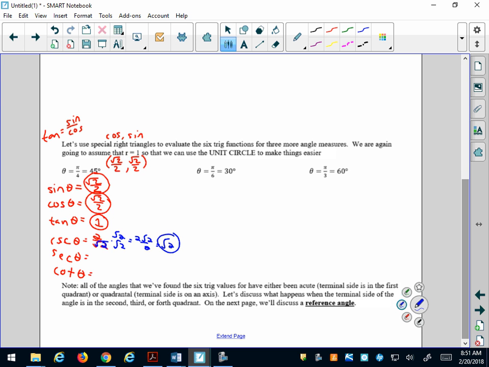That make sense? Secant is going to be the same thing because sine's the same as cosine in this problem. Cotangent, we do the reciprocal of tangent, and that's again just 1.